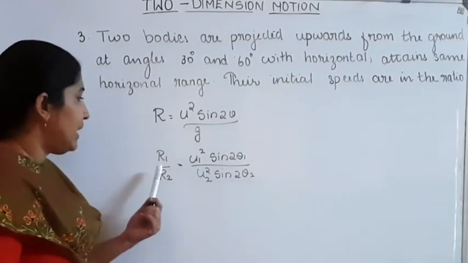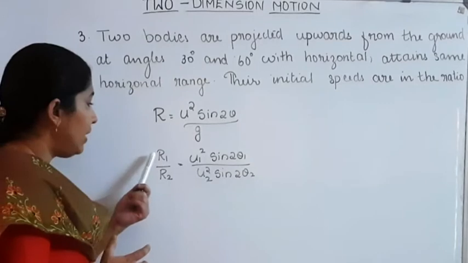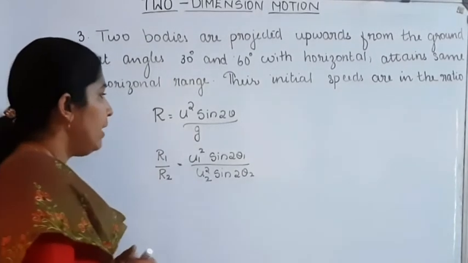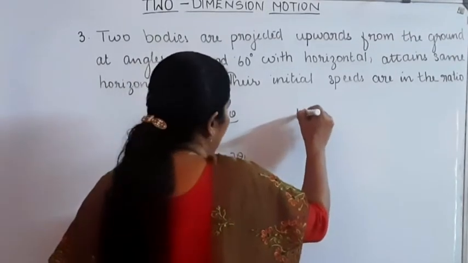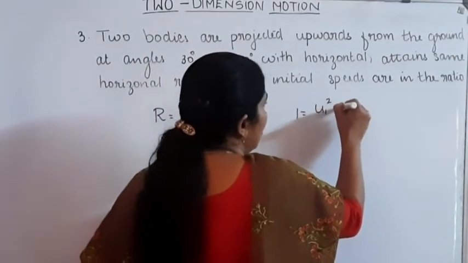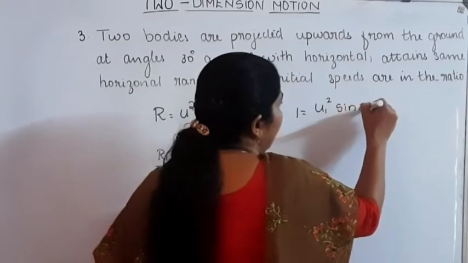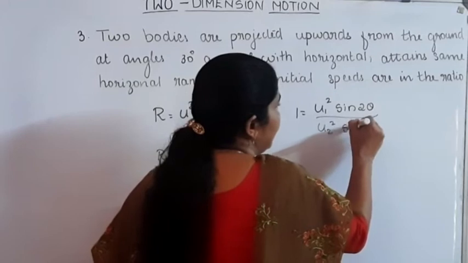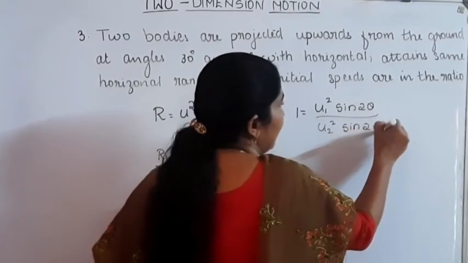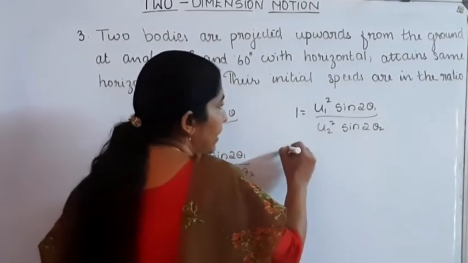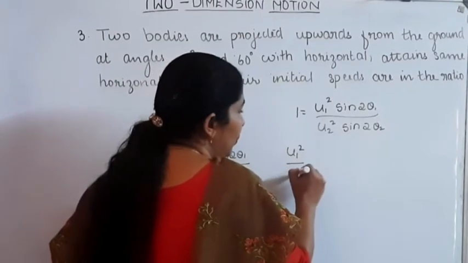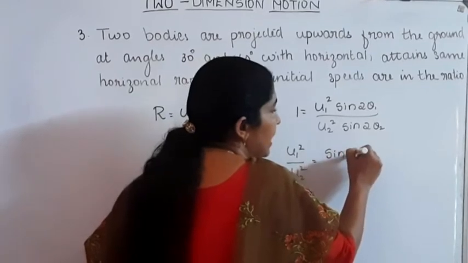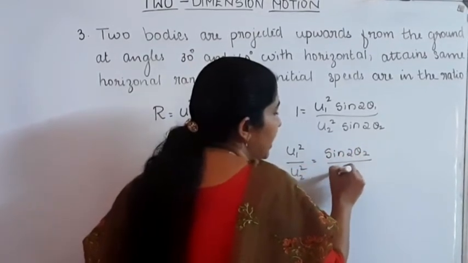The ranges of these projectiles are equal, that is R1 equals R2, then R1 by R2 is equal to 1. Then 1 equals U1 square sine 2 theta 1 divided by U2 square sine 2 theta 2. Then U1 square divided by U2 square is equal to sine 2 theta 2 divided by sine 2 theta 1.